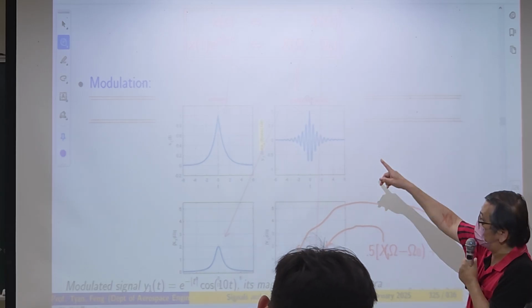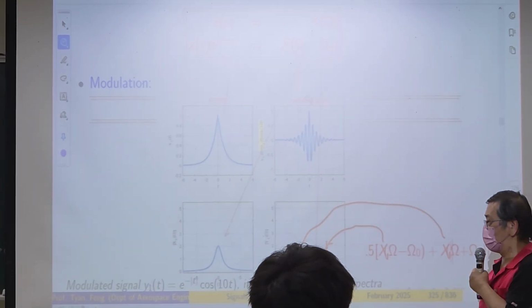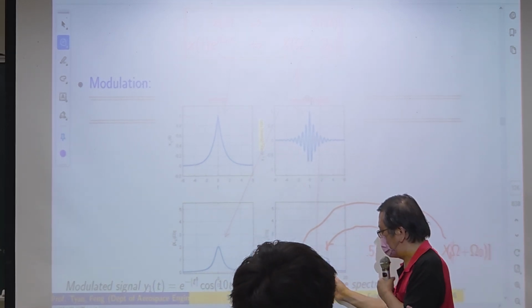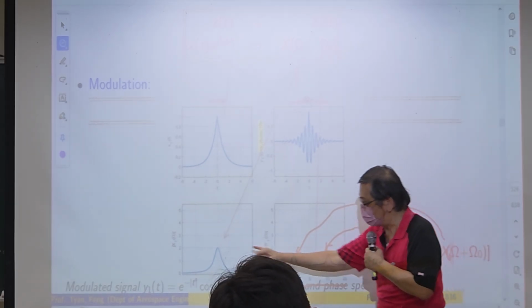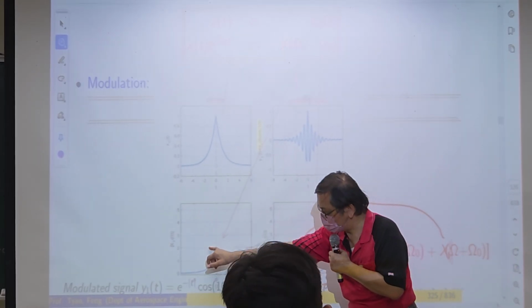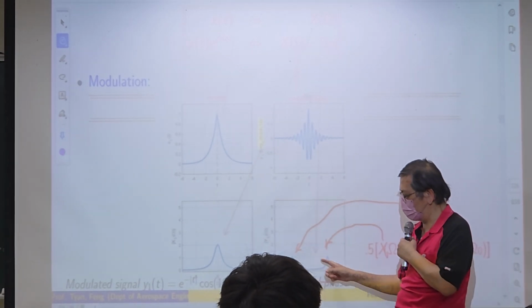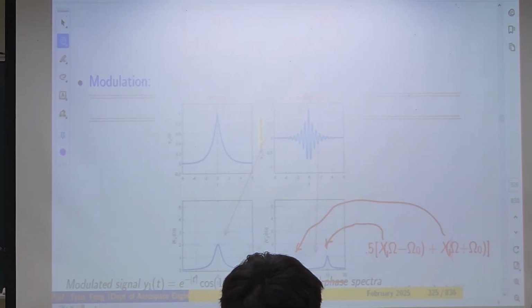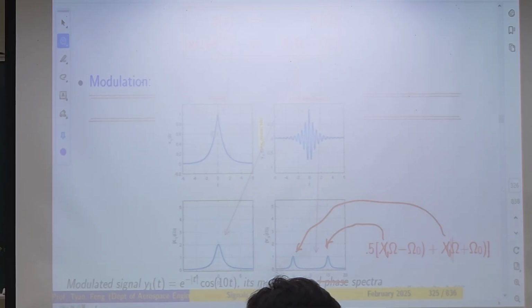But once you modulate that, because you split the signal, your frequency response now becomes 2 parts. So you can see that the peak value is also divided by 2. The peak value here is 2, but now the peak value for this one is 1, and this one is also 1. So it is split into 2 parts, and the power also is split into 2 parts, evenly. So this is the modulation, the same as the Fourier series expansion.